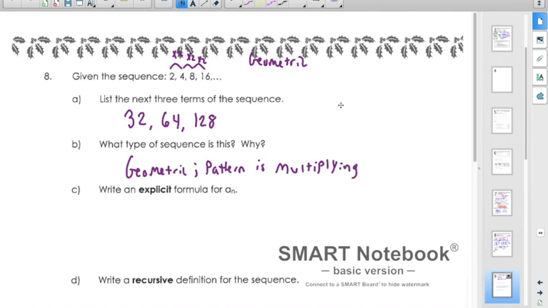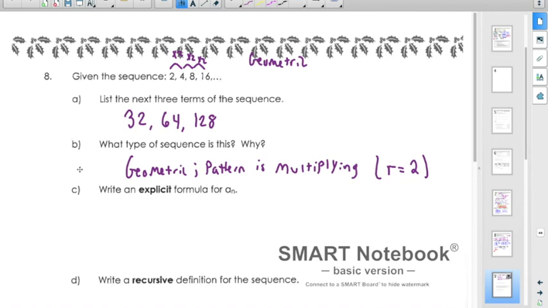Right? Pattern is multiplying. And let's even make sure that we put the common ratio, with a common ratio of 2.